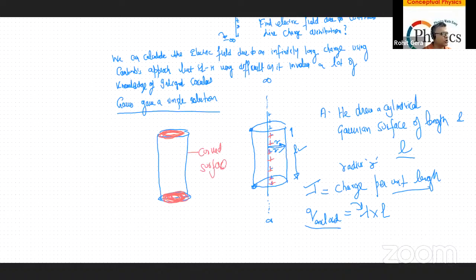Now I know that Gauss's law tells me the integration of E dot ds is equal to Q upon epsilon naught. So if I were to draw a normal to this area, this area I call S1, the area below I call S2, and the curved surface area I call S3.